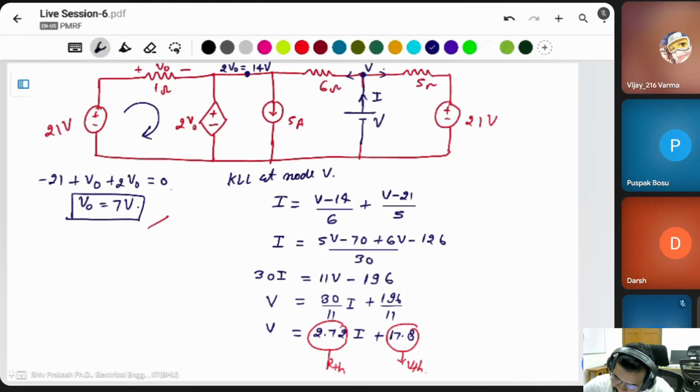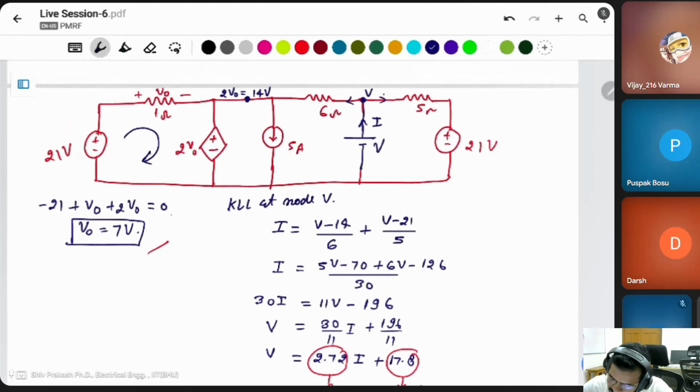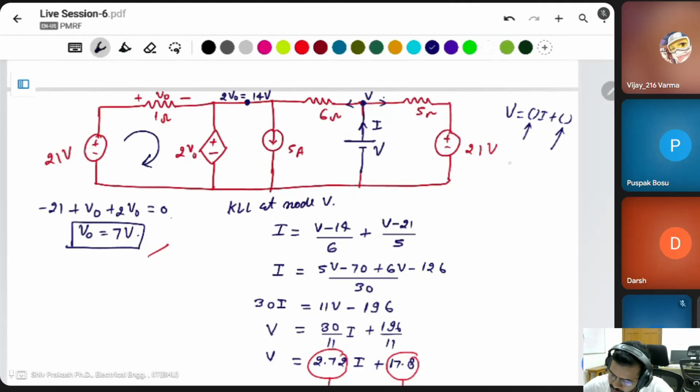This will be 5 minus 70 plus 30I plus 6I minus 126. This will be 5 plus 6 is 11, plus 30, 41I, minus 196 is equal to 0. What is I? 196 divided by 41 is equal to 4.78 ampere.